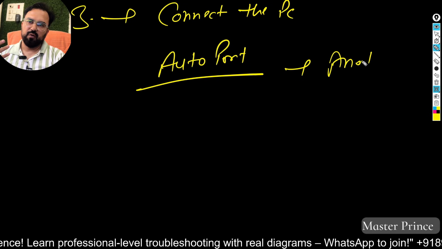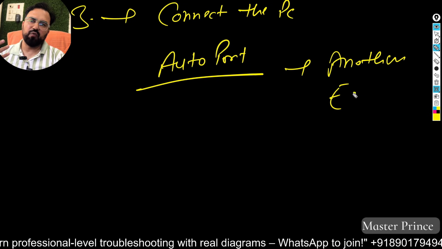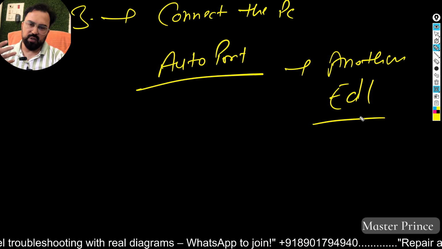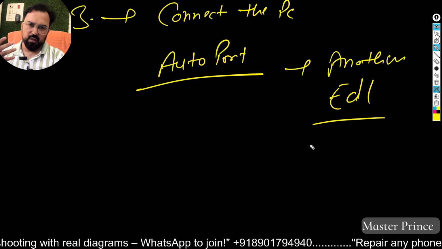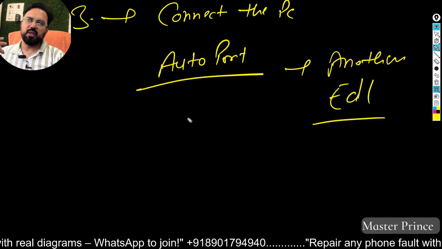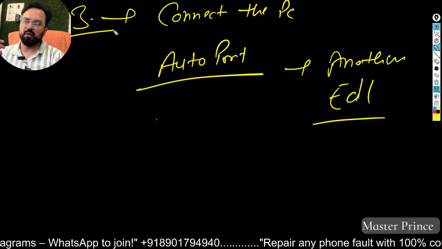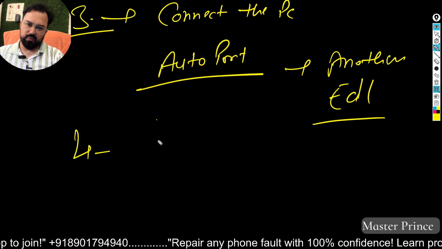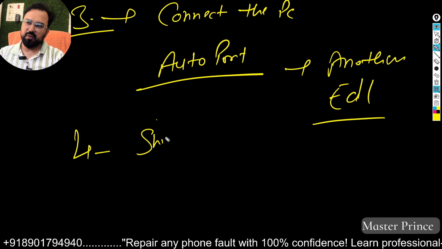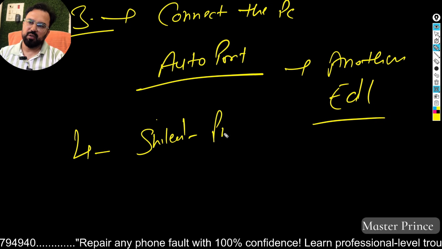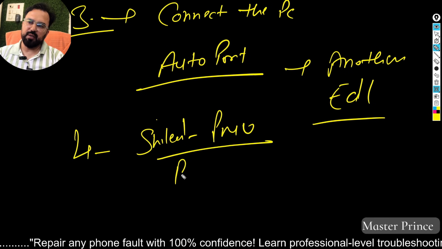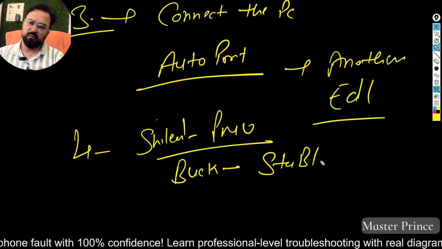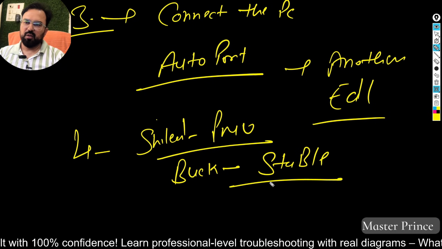When you connect, without EDL or without pressing the plus minus button, the auto port is detected automatically. So this is the third clue. Now fourth, when you open the motherboard, you remove the shield around the PMU and check the buck lines. All the buck voltages are stable. Now this is the fourth clue.